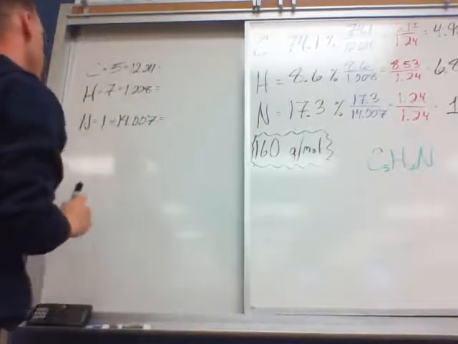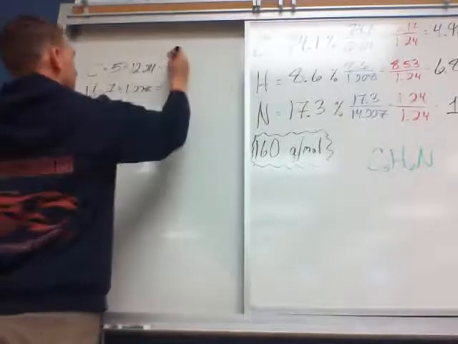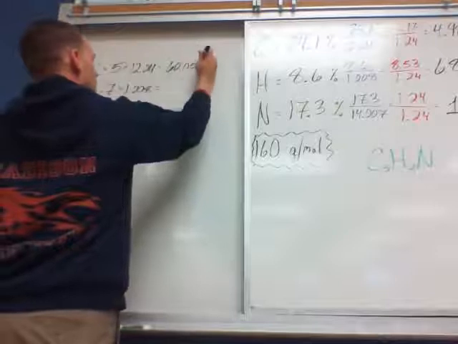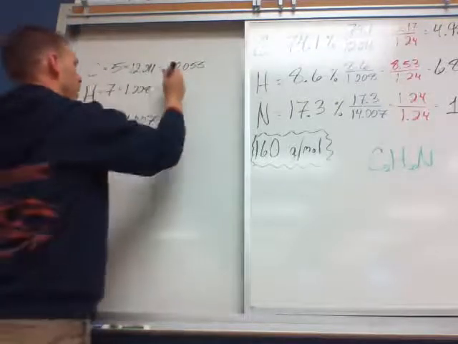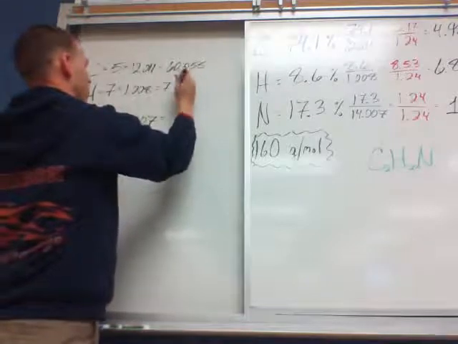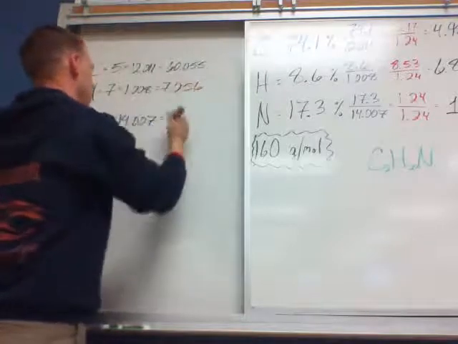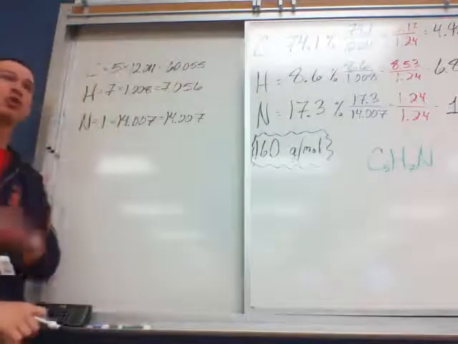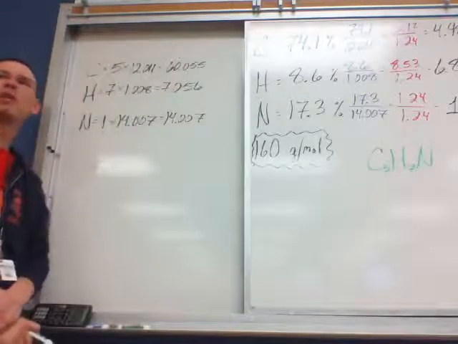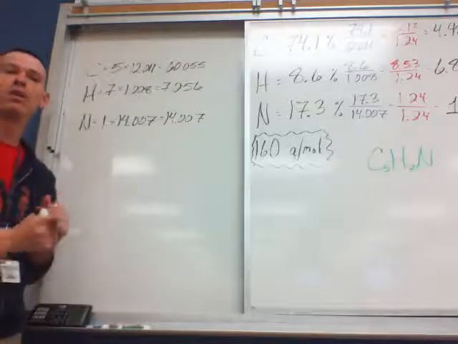We'll get some numbers here. This is going to be 60.055, it looks like. This will be 7.056. This 14.007. If I write down a number that confuses you, shout at me. I don't want to move beyond you, but this part's review.